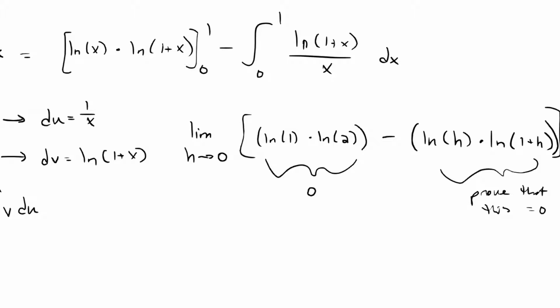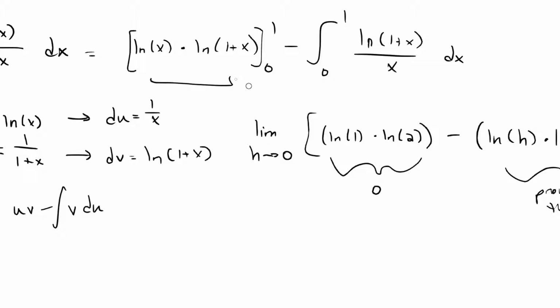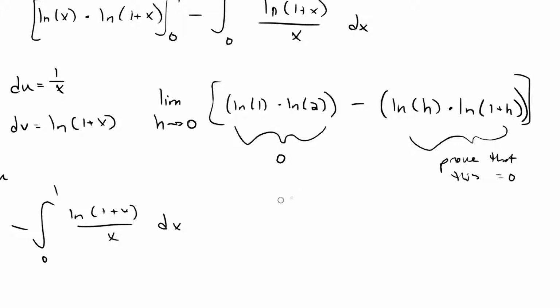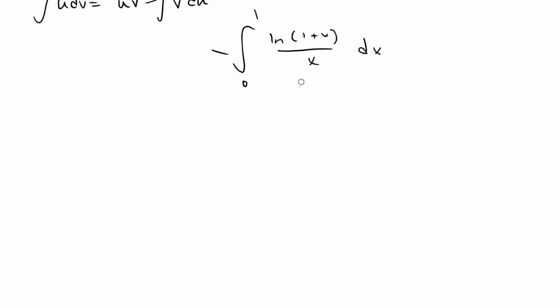So now, assuming that we've proven that this is equal to 0, what we have left is negative integral from 0 to 1 of ln of 1 plus x over x dx, right? So now let's work with this.